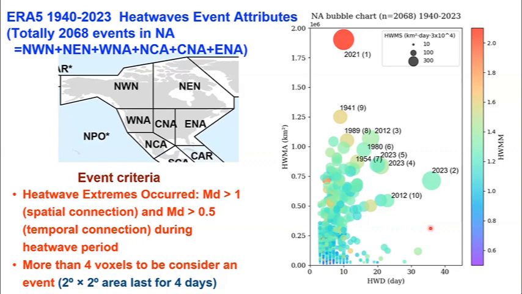And again, as I said, the event criteria are just the same as we described before. And on the right-hand side here is this bubble chart of all of the events that I described. The mean effective area is in the vertical, the x-axis is duration, the intensity is shown by color, and the size is the integrated effect.